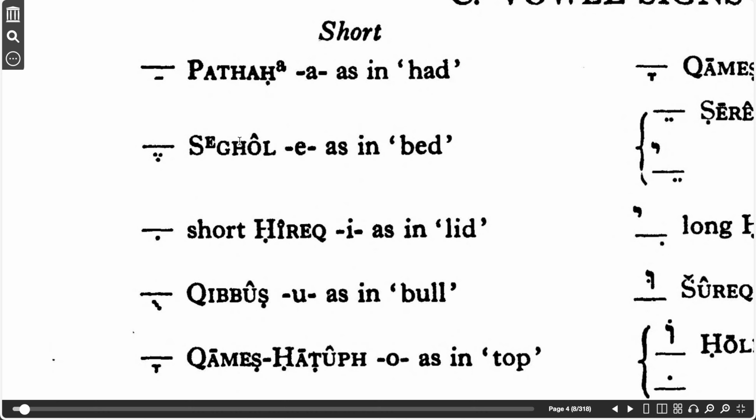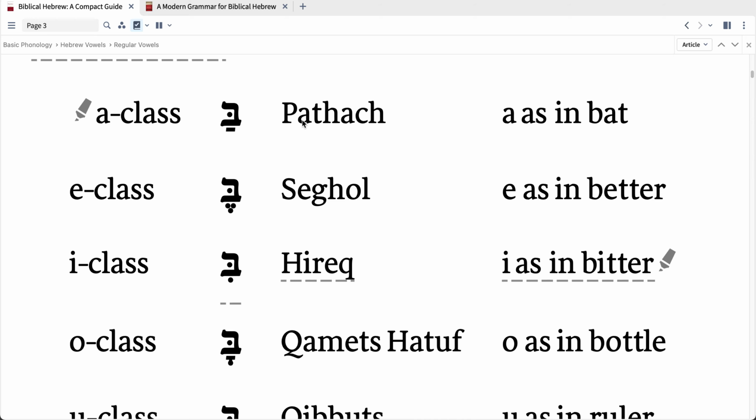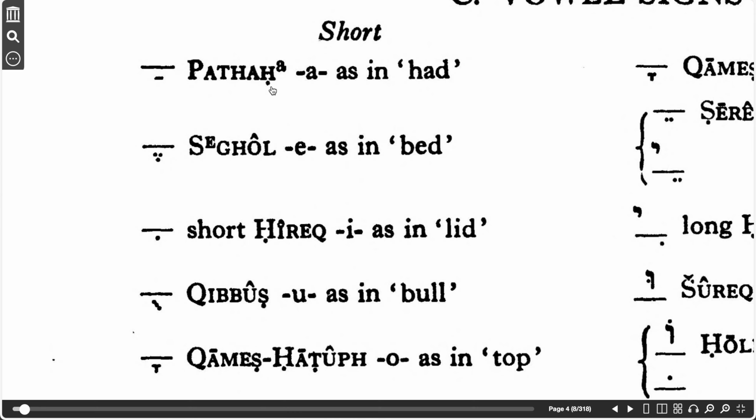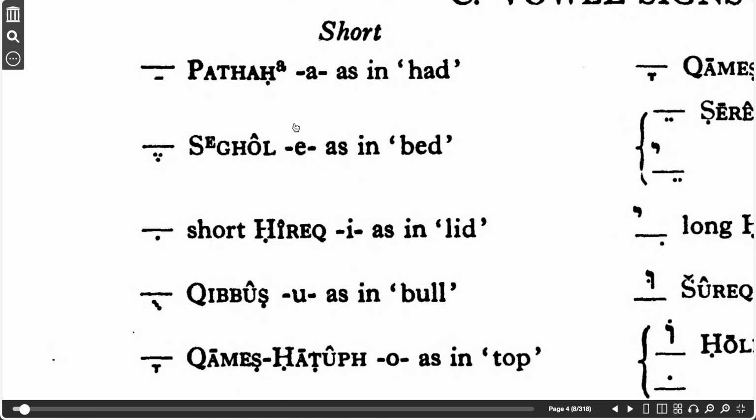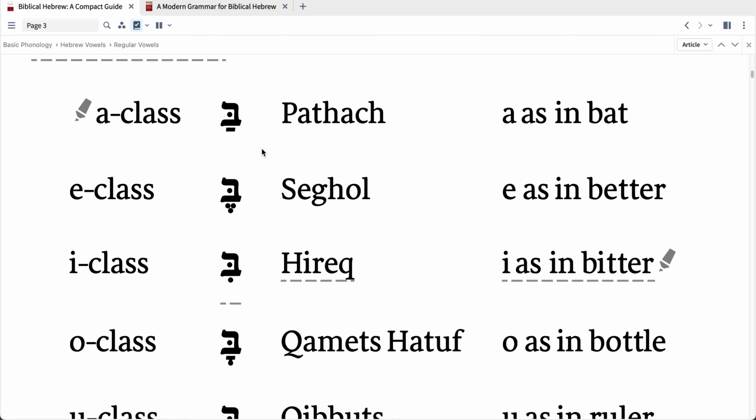And then you may wonder why is that spelling different than this spelling? You see that H with a dot, and that represents CH. So Segol, that's just a different way of spelling the names of the vowel points. So it's still the same, we still call it the same thing.